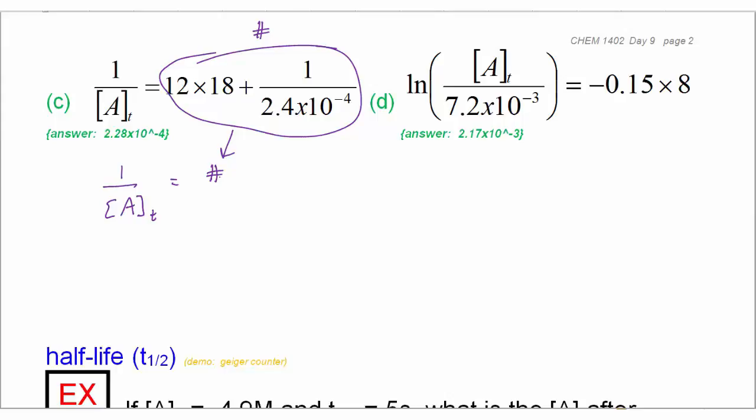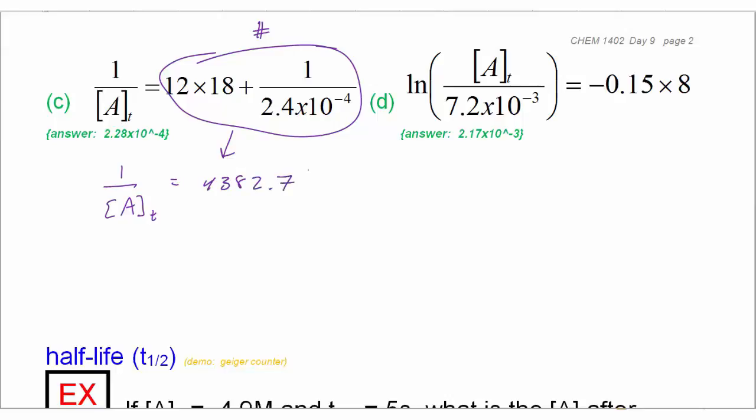So I'm going to start with that 2.4 times 10 to the negative 4. It's in the bottom, so I'm going to push the 1 over x button, shift 1 over x, plus 12 times 18. So no parentheses, nothing. I just plugged it all straight into the calculator, and I got 4382.7.